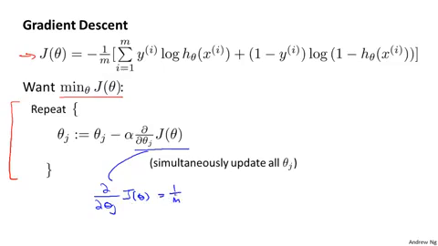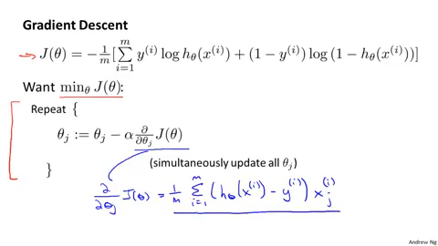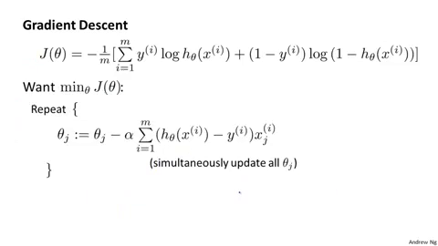If you actually compute this, what you get is this equation: the sum from i equals 1 through m of the error times x_j^(i). If you take this partial derivative term and plug it back in, we can write out our gradient descent algorithm as follows.